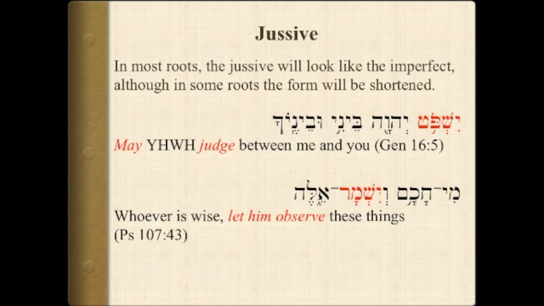So for example, here we have, "May the Lord judge between you and me." This is expressing wish or will. Or again, "Whoever is wise, let him observe these things." You are not making a simple statement, you are expressing some kind of desire.